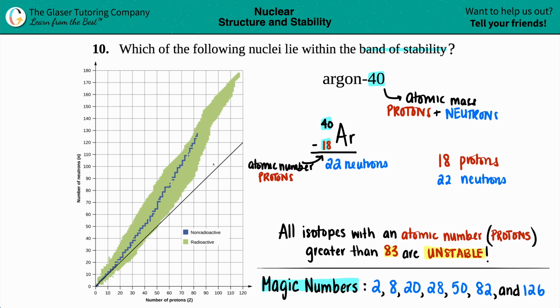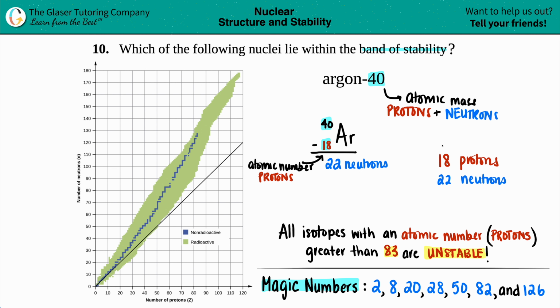But we want to find out if argon-40 is stable. So we just have to track the number of protons and the number of neutrons. Now this graph is a little bit hard to read because they don't give you ticks in between your 50, 60, 70. But just know that on both axes, they're going up by 2.